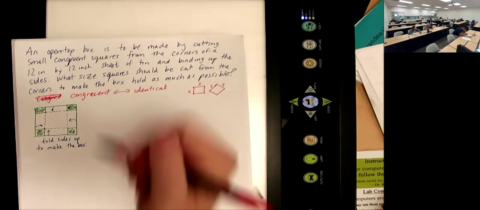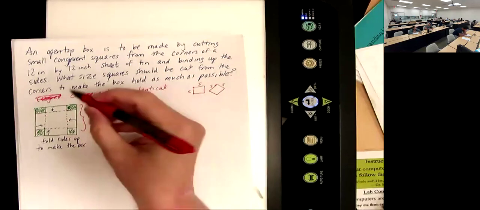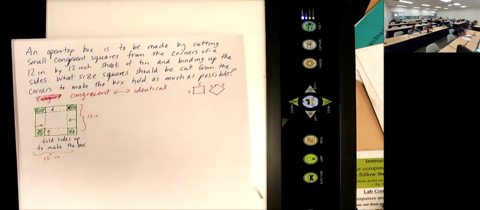And we know the entire length here is 12 inches, and we know this entire thing here is 12 inches as well. If we're wanting to cut out a square from each corner, and we don't know what size the square is, we're going to have to give it a variable for the length of the side.